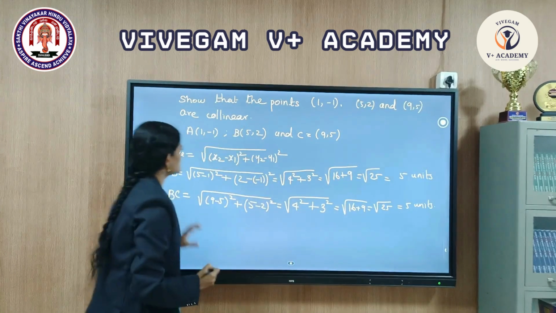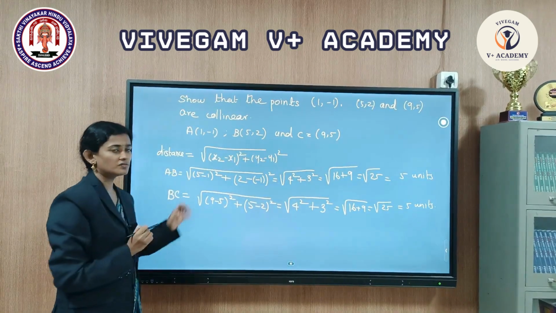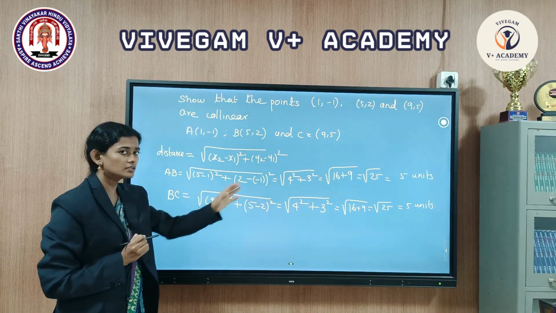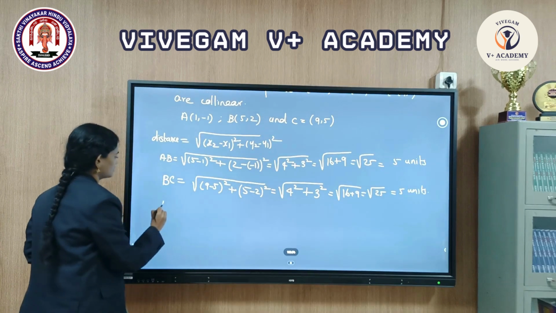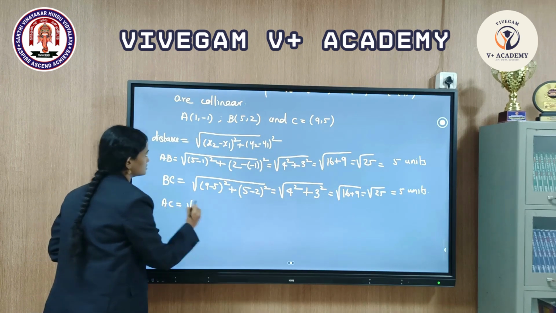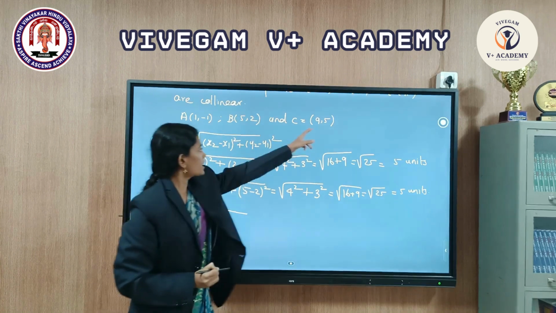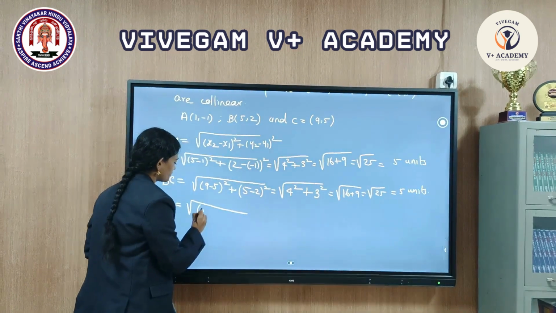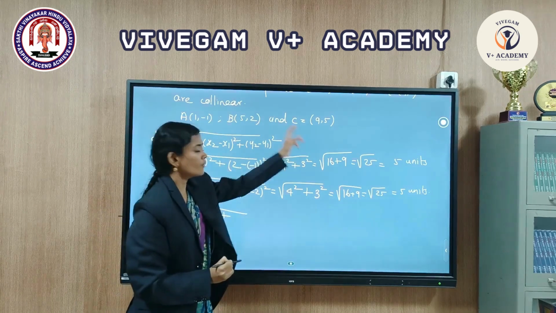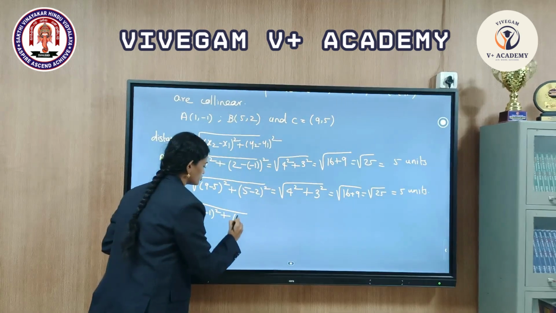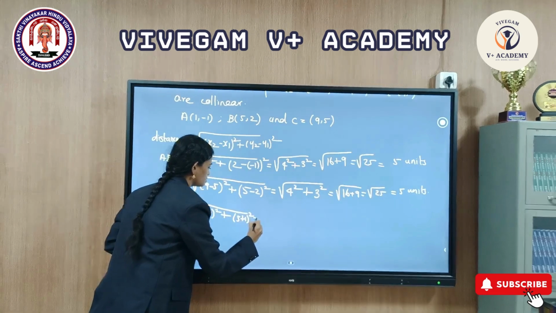So now the last step, we are going to find the distance between the first point A and the third point C. AC is equal to root of (9 minus 1) the whole squared plus (5 minus of minus 1), so (5 plus 1) the whole squared.